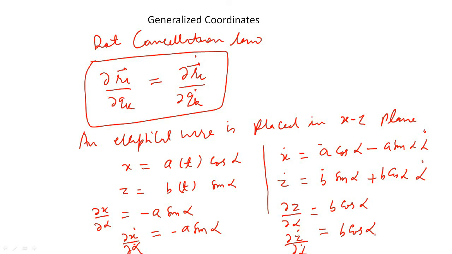So we can see that the two values ∂x/∂alpha and ∂x dot/∂alpha dot are the same, and similarly ∂z/∂alpha and ∂z dot/∂alpha dot are also equal. So by taking this example, we can prove the dot cancellation law.